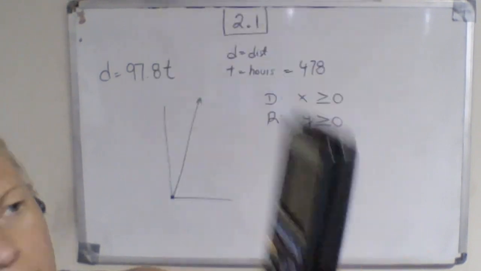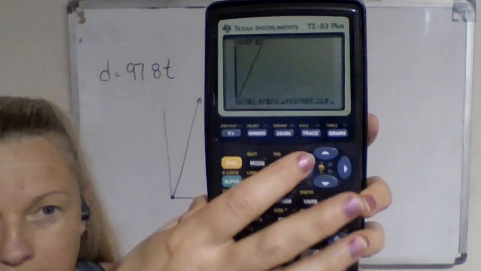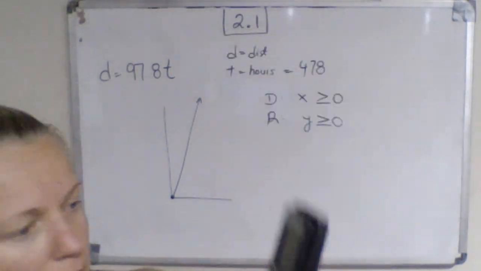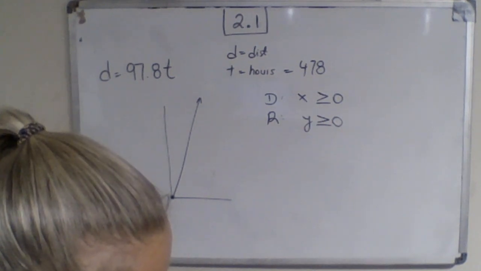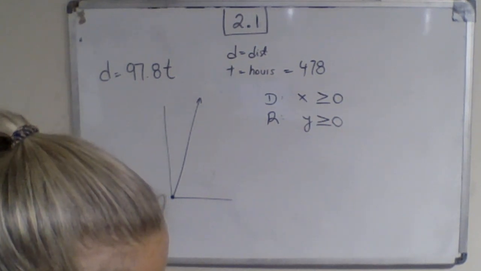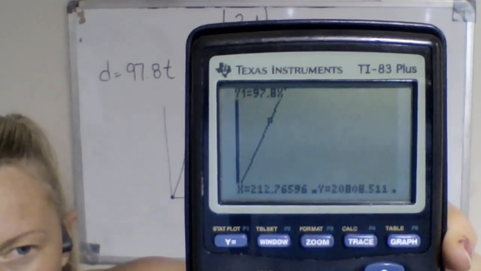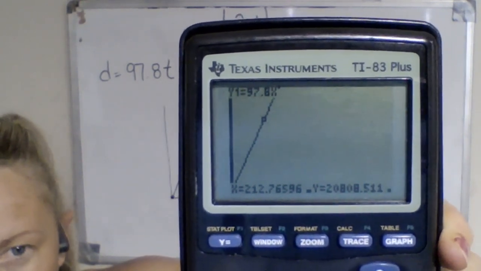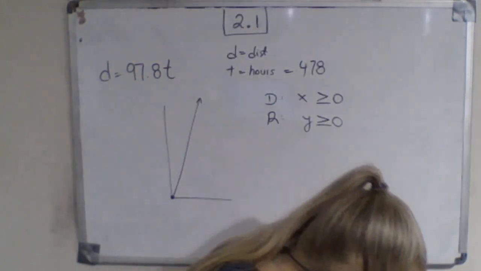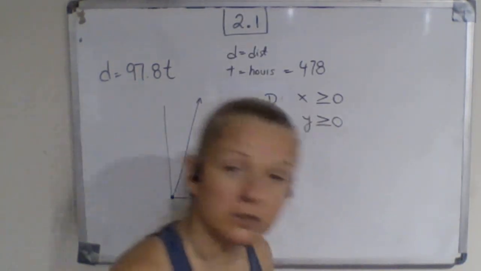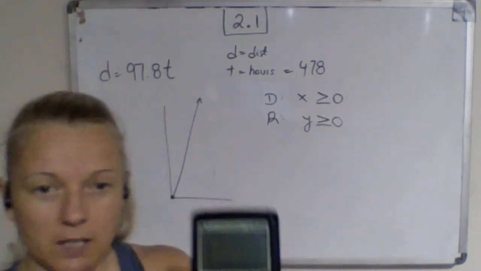I'm going to use my left arrow, and I'm going to make my y about 20,000 and see what I get for my x. If you look at this, the closest I can get is y equals 20,808. My x is 212. So approximately 200 hours if I would have to fully approximate until they get to 20,000 kilometers.